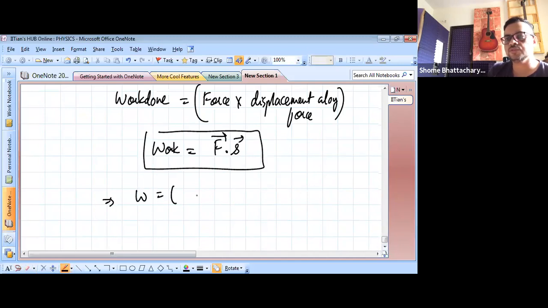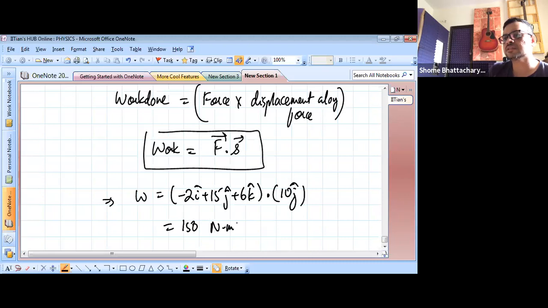It will be the force which was minus 2i cap plus 15j cap plus 6k cap, dot product with the displacement, which is 10j cap. As you can see, that will become 150 Newton meters or 150 joules.